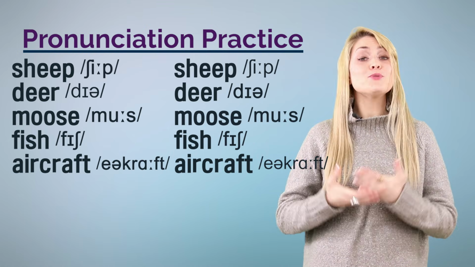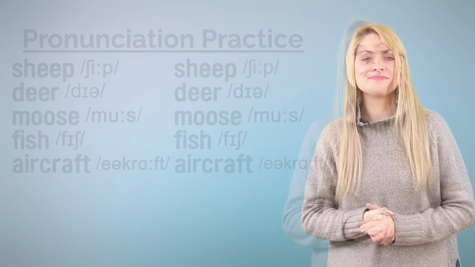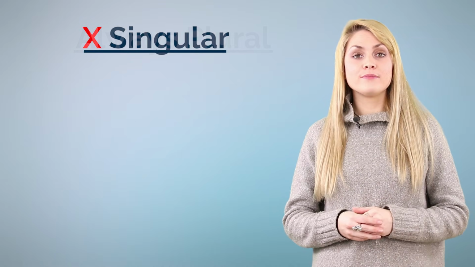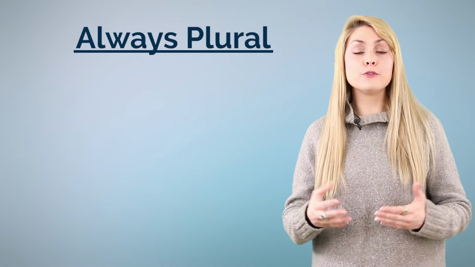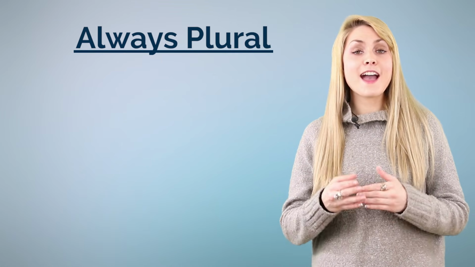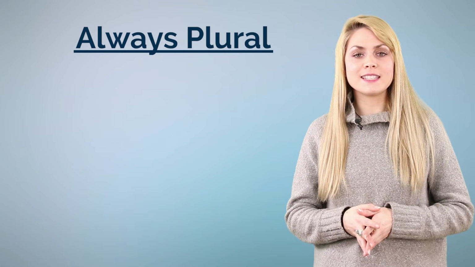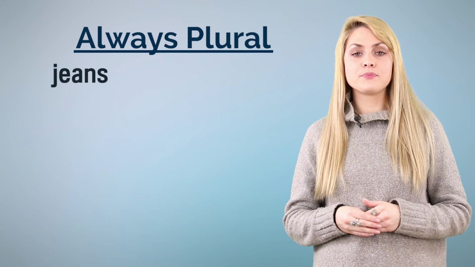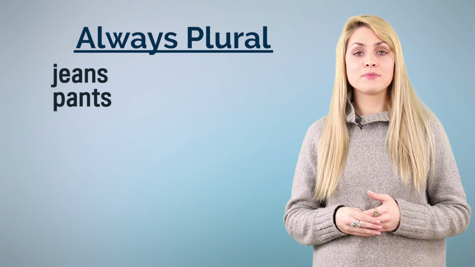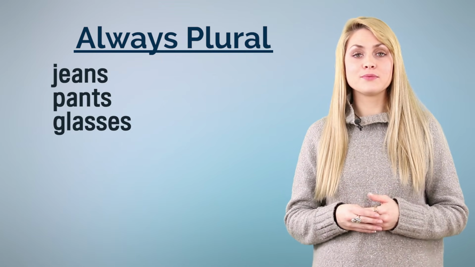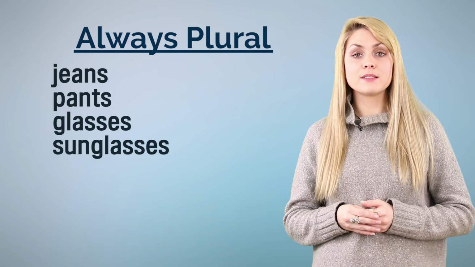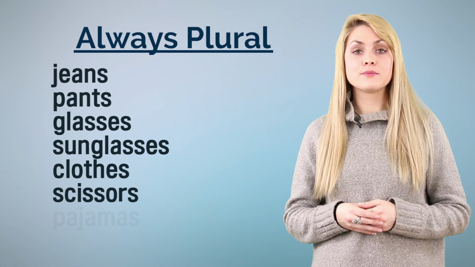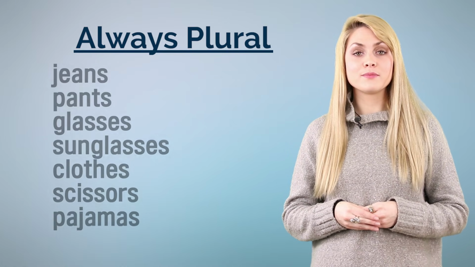Let's move on now to other irregular forms. Some nouns are never singular. We always use their plural forms. I have a few common ones for you guys. Let's have a look. Jeans, pants, glasses, sunglasses, clothes, scissors, pyjamas.